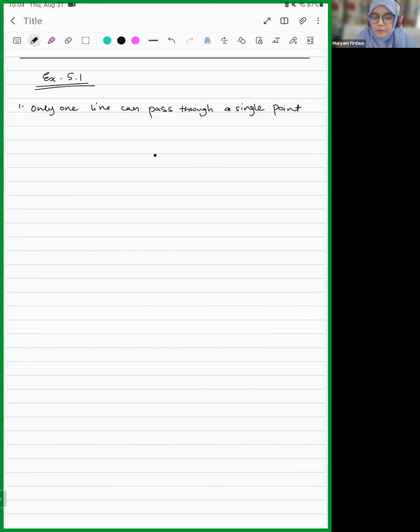Four. Not five? Five. Why not six then? Total is five. So only five lines can pass through a single point, not more than five lines.